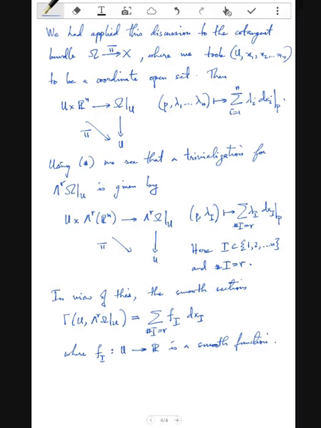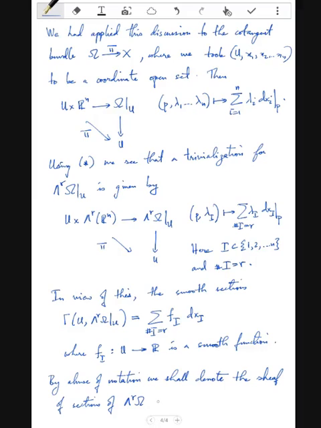So with this background, by abuse of notation, we shall denote the sheaf of sections of exterior R omega by exterior R omega.